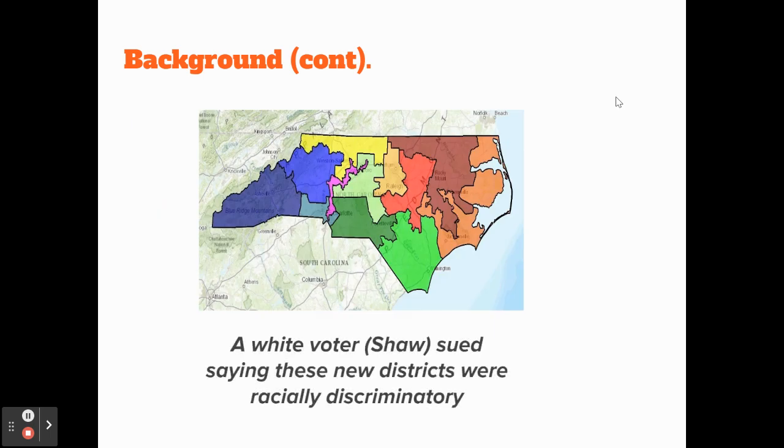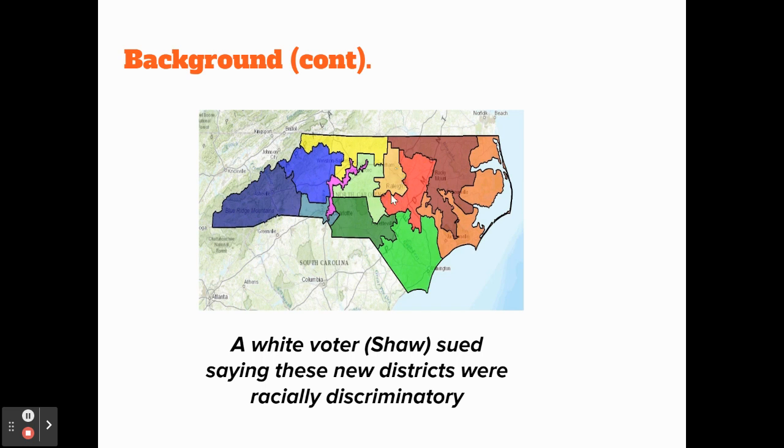Okay. So several white voters, including Shaw from this district, sue, saying that these districts were racially discriminatory. You can see that the district in the purple that stretches hundreds of miles across almost the entire width of the state. That's the 12th district. That's the majority minority district.